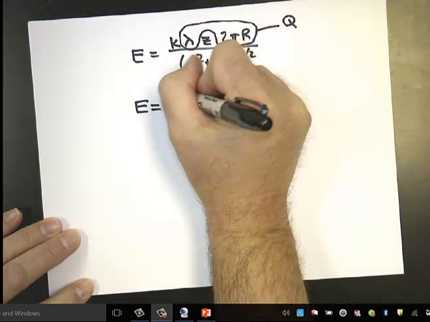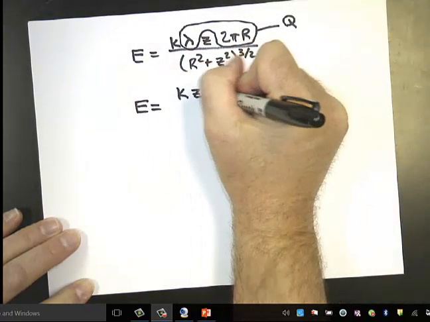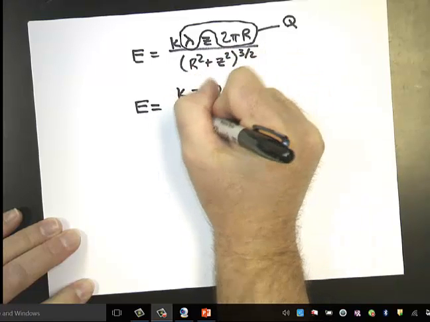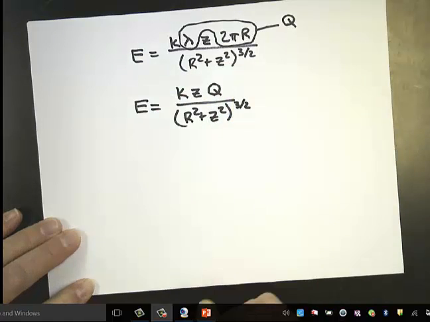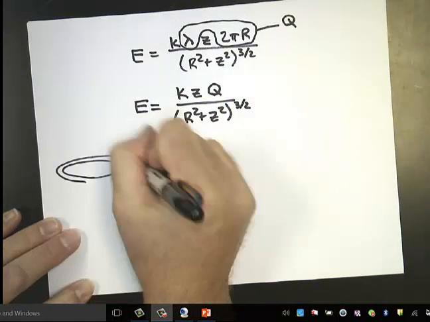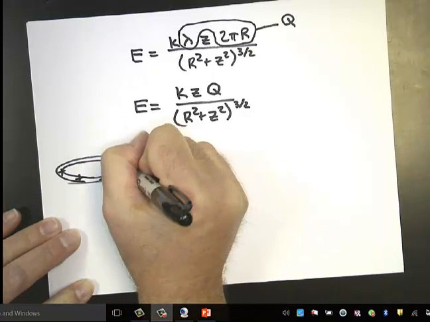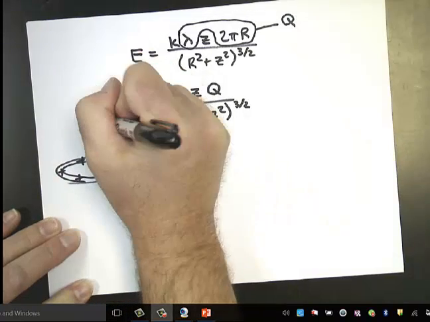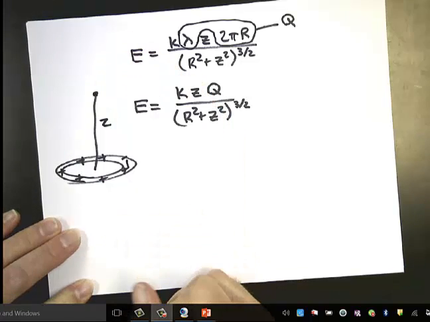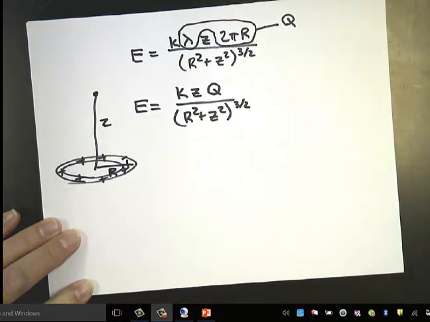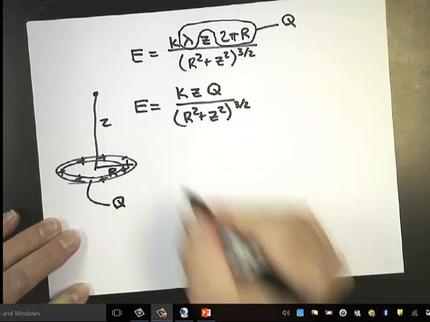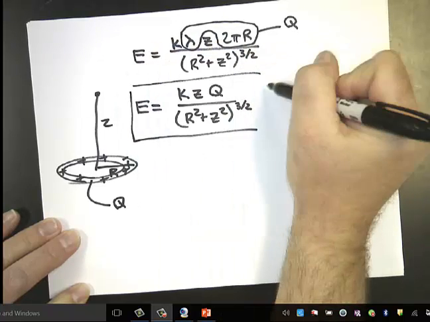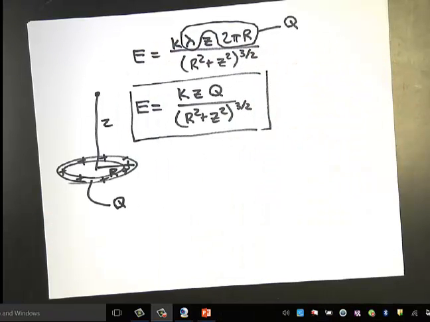We're going to say it's K Z Q over r squared plus z squared to the 3/2. Okay? That's a ring of charge. Z is the distance above. R is the radius of the ring. Total charge on the ring is Q. There's the equation for the electric field at that point right there.